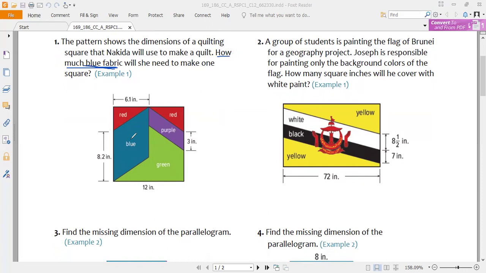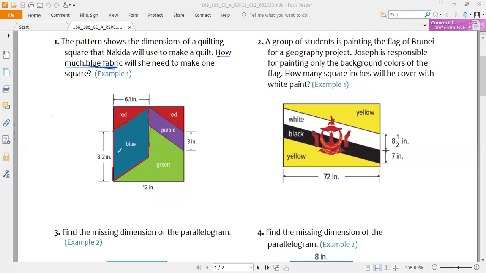If we look at the figure, we have different colors, but this one is the blue one. So let me find the base and the height to find the area of this parallelogram. Look, these two sides, this is a parallelogram that I colored with a red pen.